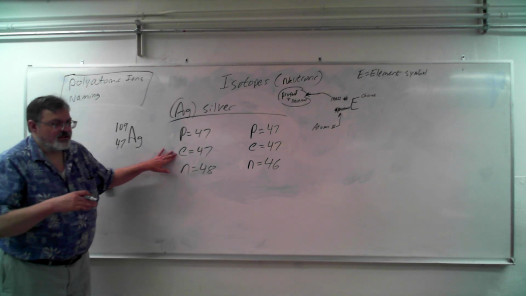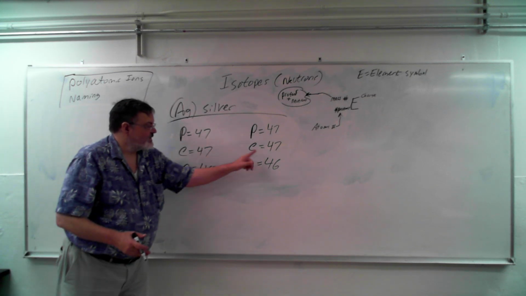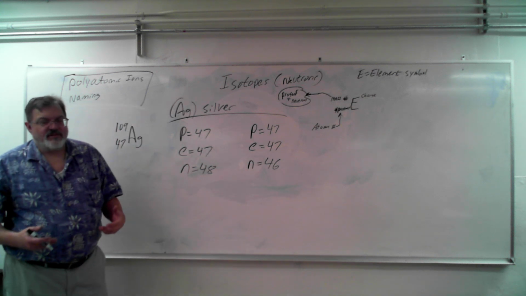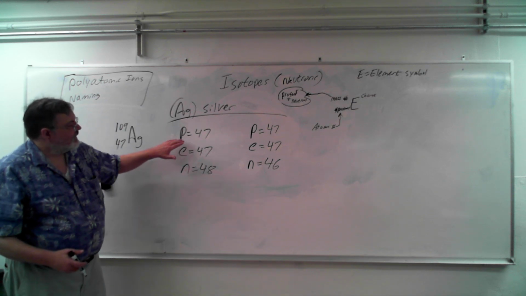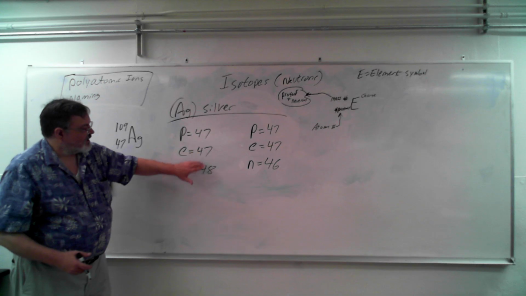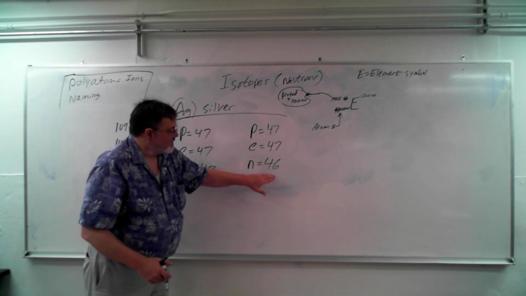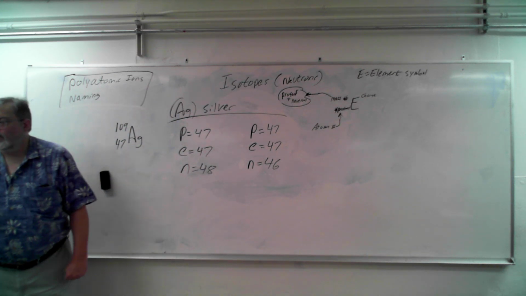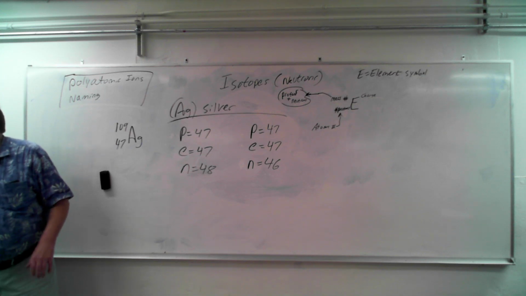So both of these 2 different atoms have 47 electrons. It is possible for atoms to have different numbers of neutrons. So picture a silver atom that has 47 protons and 48 neutrons. And this one has 47 protons and 46 neutrons. Those are isotopes. They differ in the number of neutrons. Basic definition of isotope.